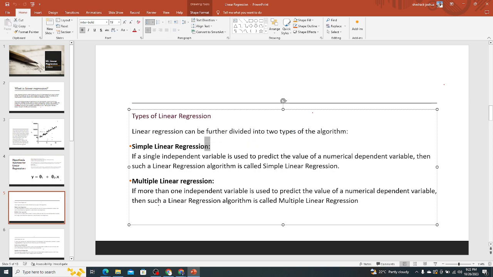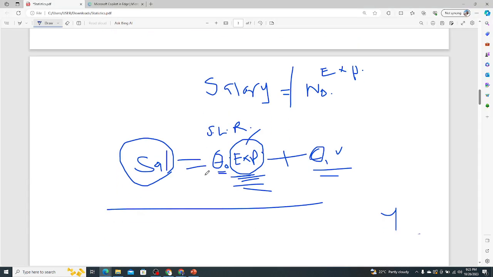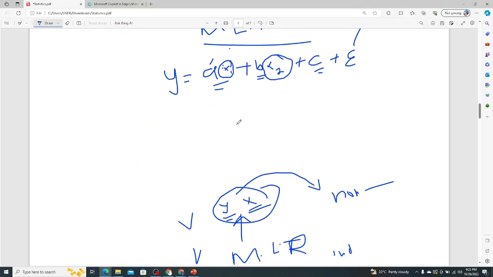For the simple linear regression, I had already illustrated this. If a single independent variable is used to predict the value of a numerical dependent variable, then such a regression algorithm is known as simple linear regression. For example, as we had said, y is equal to mx plus c.